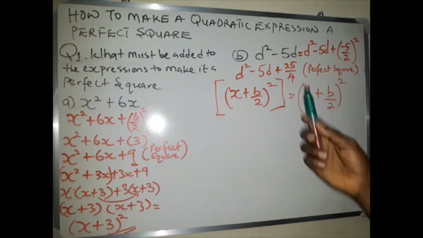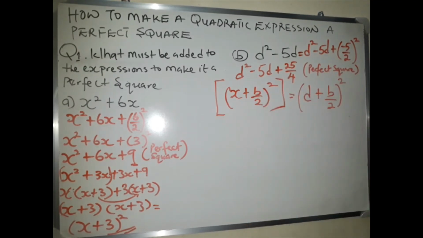You know, in your quadratic form, we have something like ax squared plus bx plus c. This is the highest power, while this is the power of 1, and this is a constant. D is the unknown, while b is this particular coefficient of the power of 1.